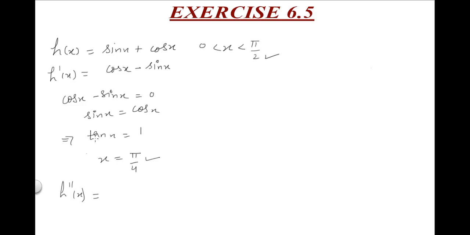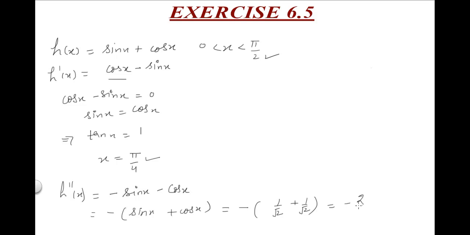Now we will calculate second order derivative. Cos x differentiation will be minus of sin x, minus sin x differentiation will be cos of x. Now if we take minus common we get minus of sin x plus cos of x, and putting pi by 4 in this we get minus of 1 divided by root 2 plus 1 divided by root 2, which comes out to be minus of 2 divided by root 2, or we can write it as minus of under root 2, which is less than 0.